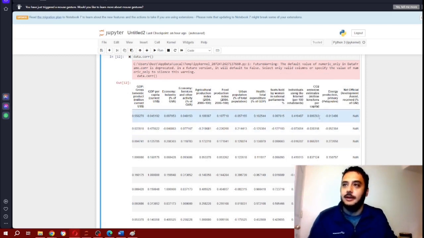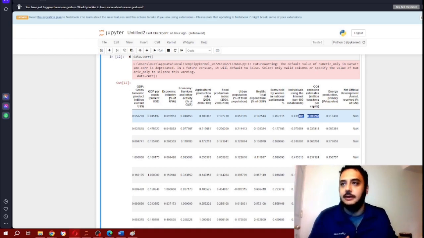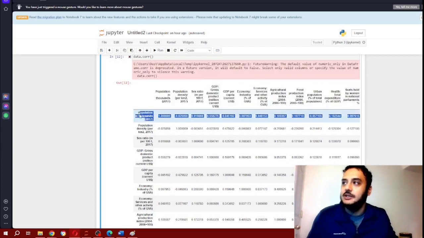Again, the way I'm determining these variables is through looking at the correlation coefficient scores. Both of these have higher, not highly significantly higher, but higher correlation coefficient scores. That tells me that there is a correlation between these variables. So the next one will be population in thousands.